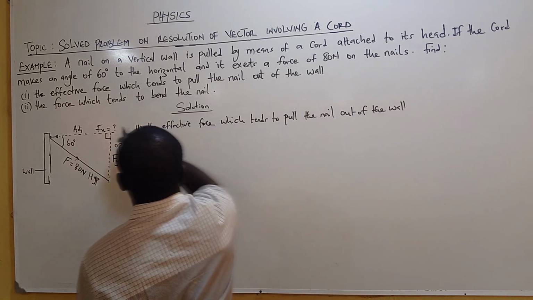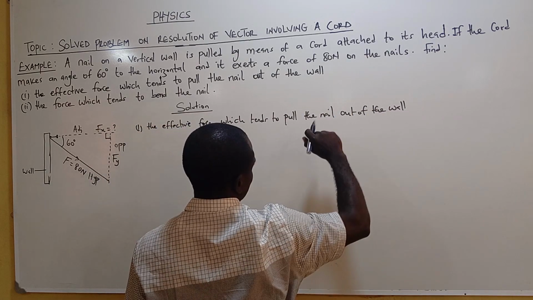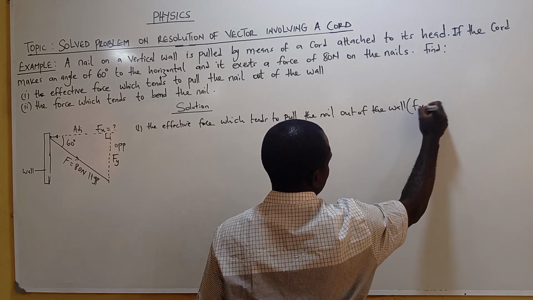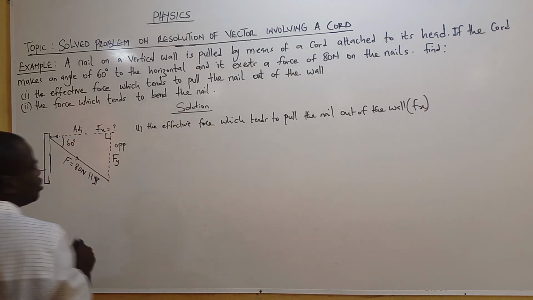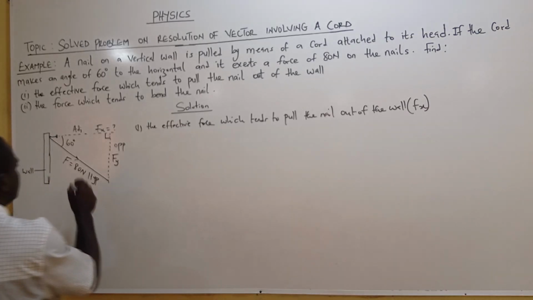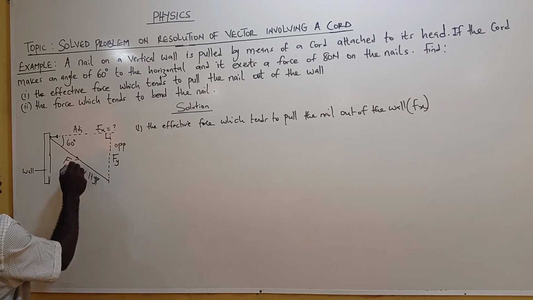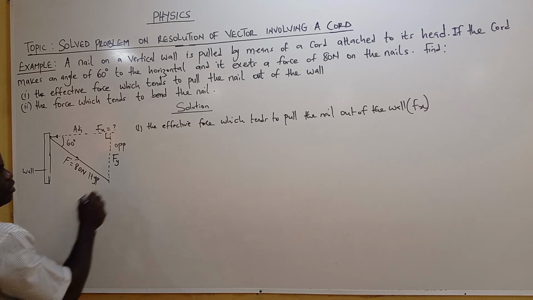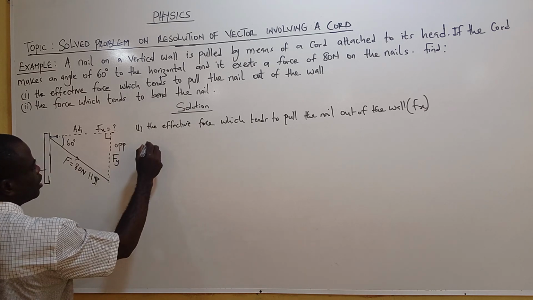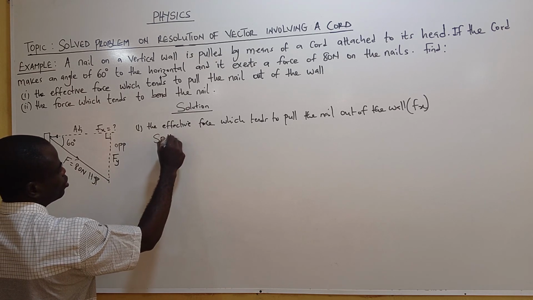Let's use Fx because it's easy to pull it out horizontally. That's Fx. That's how to know the directions we are going to follow. We are going to resolve this vector horizontally and vertically. Now we have represented it with Fx. Now let's use SOHCAHTOA.